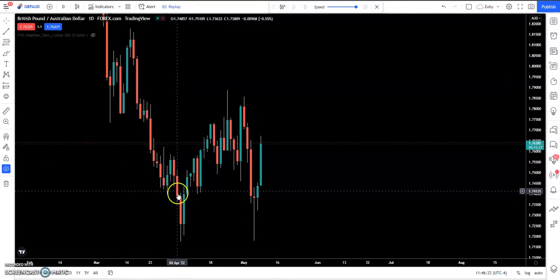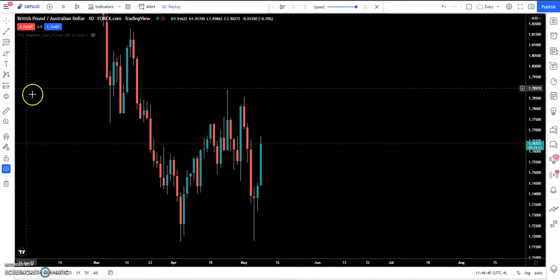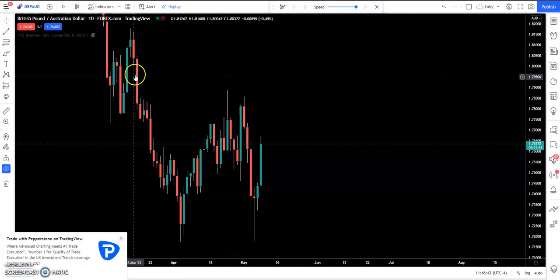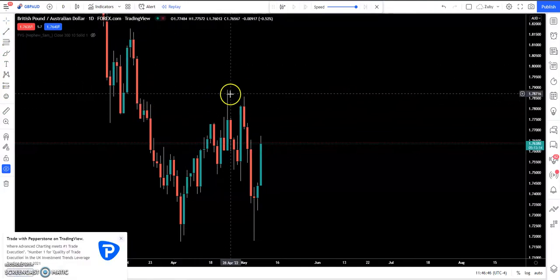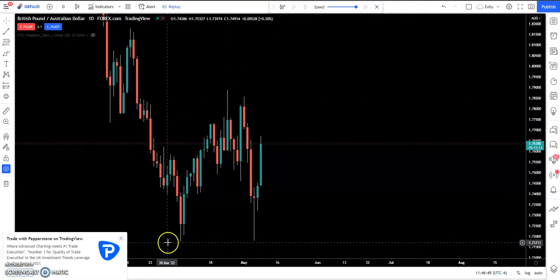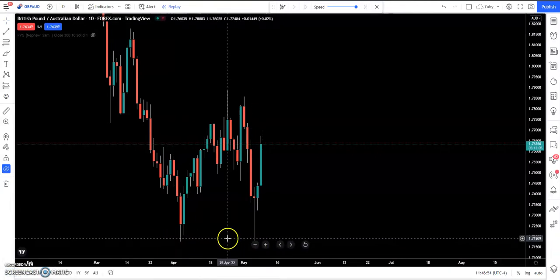Then the market came all the way back up, tagged this fair value gap between here and here, and then dropped down again, but it has now created what they call a double bottom. So I've got equal lows right down here.